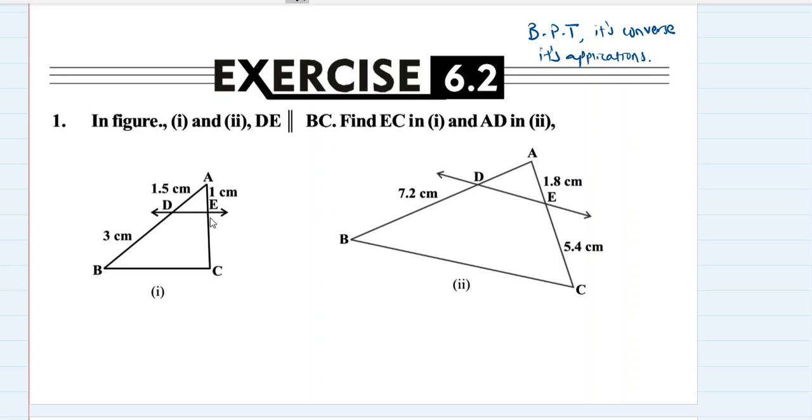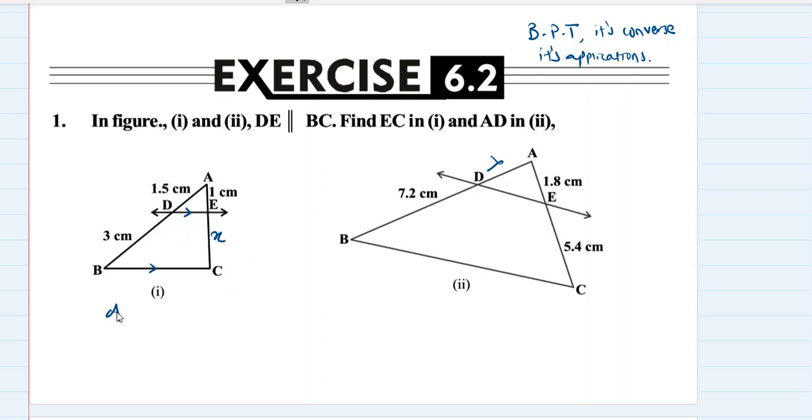So in figure number 1, I will take EC as X. In figure number 2, I will take AD as Y. There is no specific reason why I have taken them as X and Y, just not to get confused. If we take both as X, then you will get confused. Okay, so in the first figure, we know that DE is parallel to BC. If DE is parallel to BC, we can apply the basic proportionality theorem.